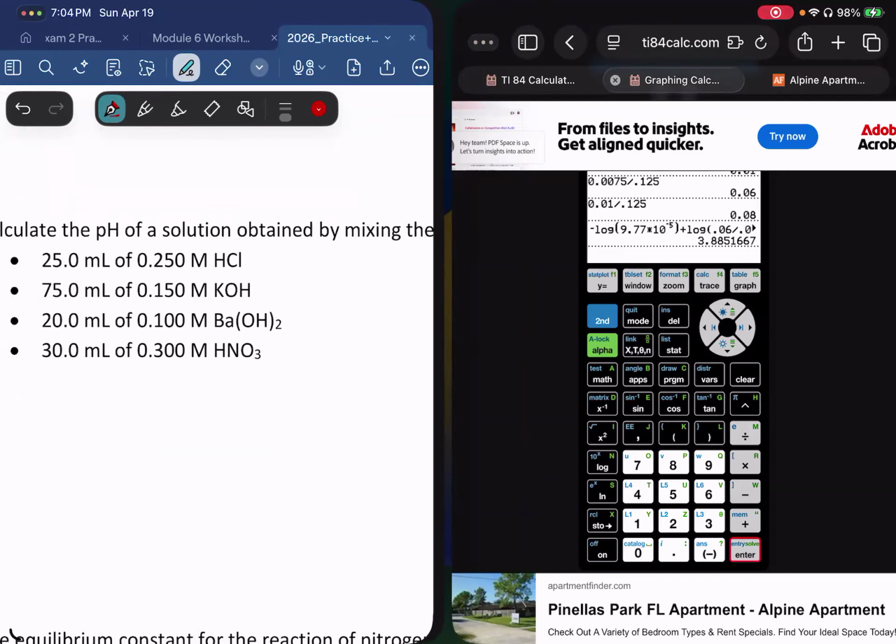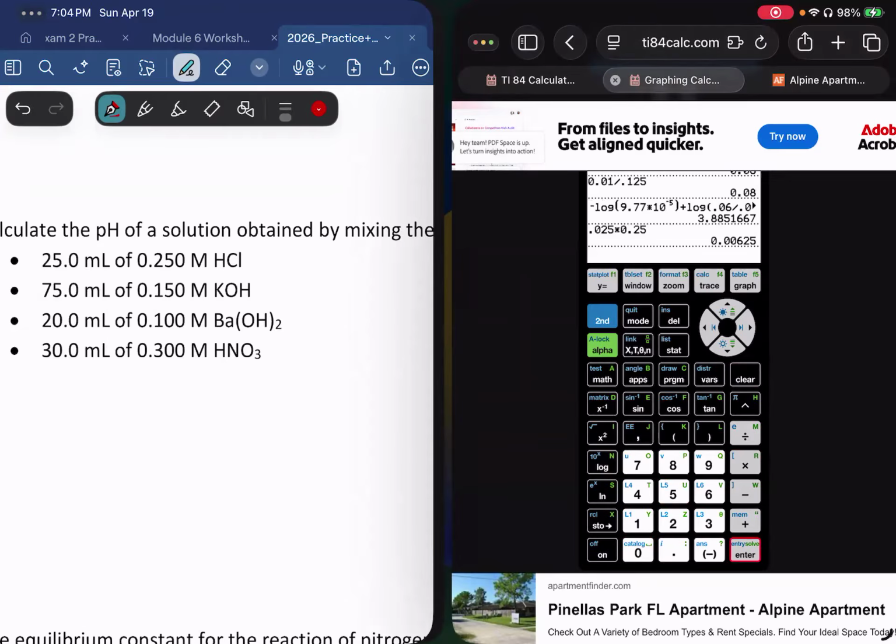So when you have 25, let's figure out the moles produced with hydrochloric acid. So you have 0.025 times 0.25, right?